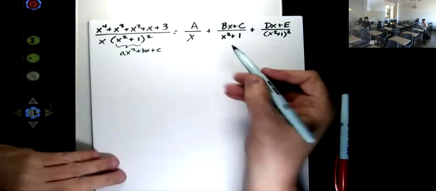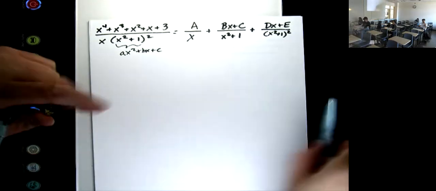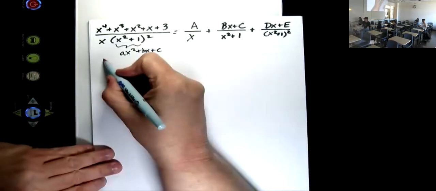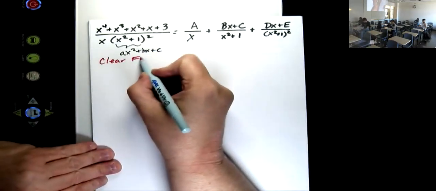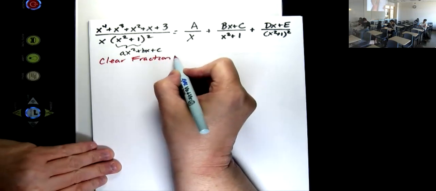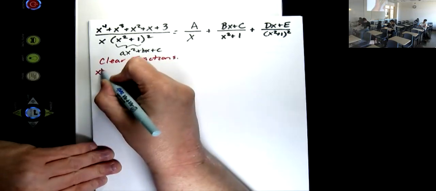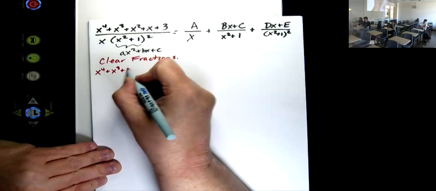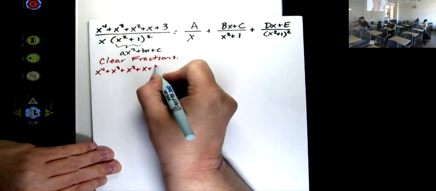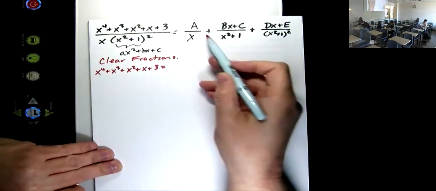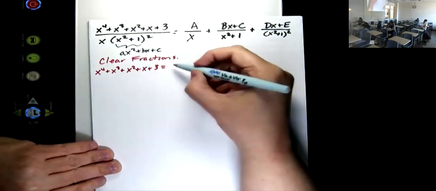And if I clear fractions, the A gets the x squared plus 1 squared.